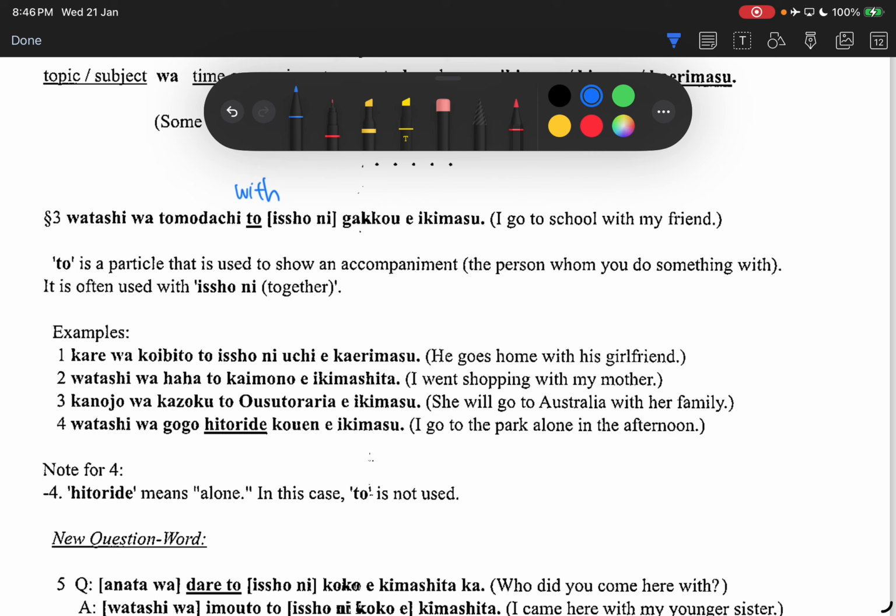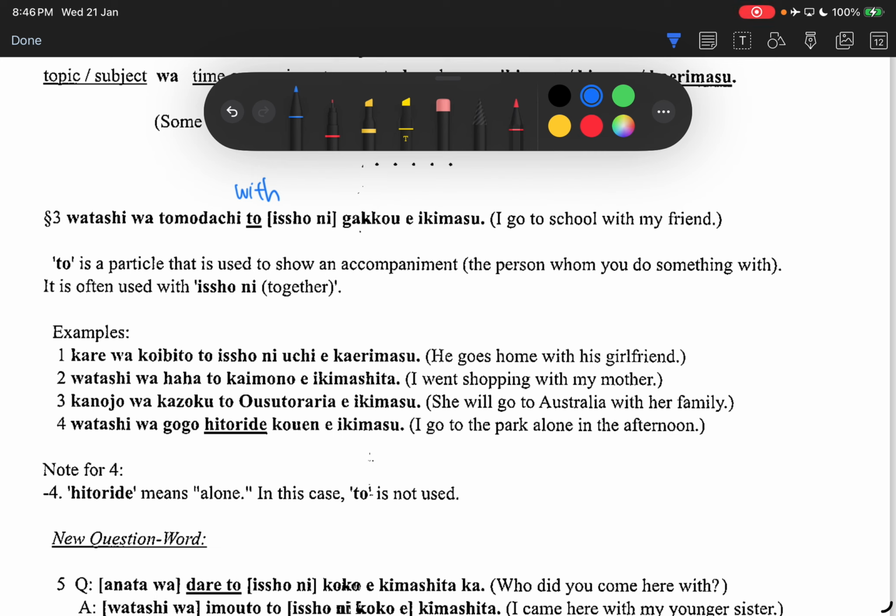Right? Next. 彼女は家族とオーストラリアへ行きます。So about her, she with her family, right? オーストラリアへ, to Australia, 行きます, go. So go to Australia with family.